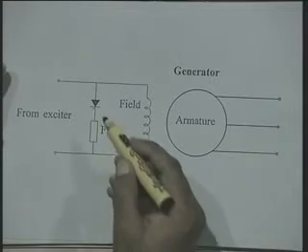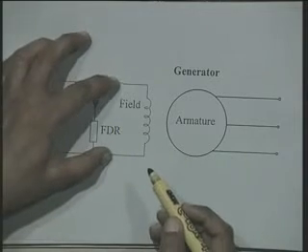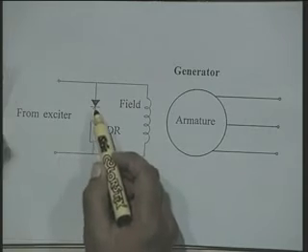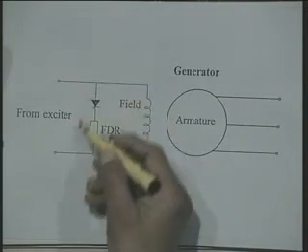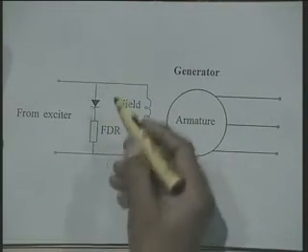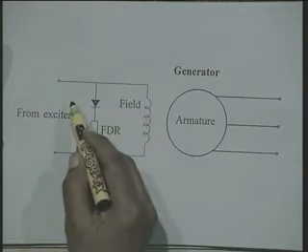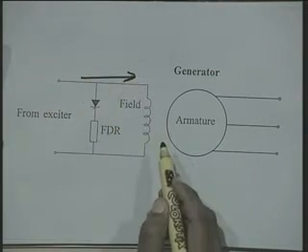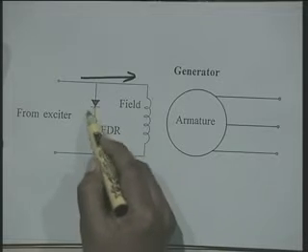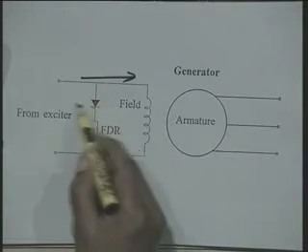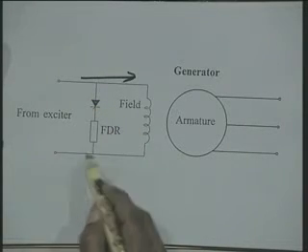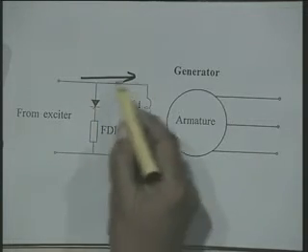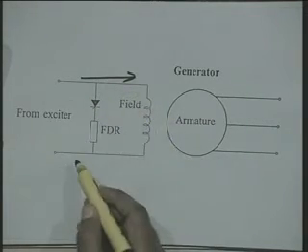And the moment the voltage across the field winding becomes more than a certain set value, this thyristor is switched on, and it will allow the current to flow in the reverse direction. Otherwise, the field current is flowing in this direction, and this thyristor is off. Therefore, there is no current flowing here, and this field current cannot flow in the reverse direction; it flows only in this direction.